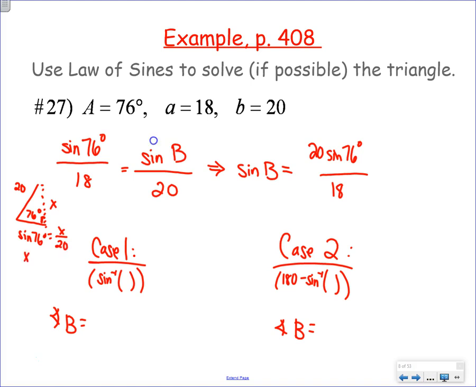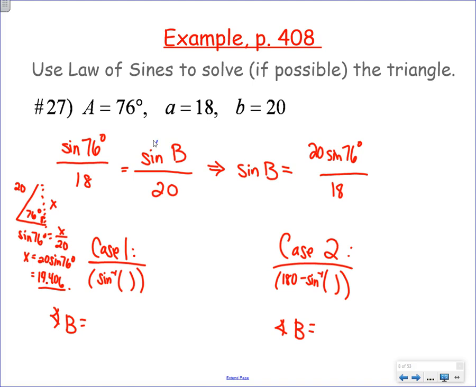If I solve for x, the shortest possible side opposite angle A, which would be side A, is 20 sine of 76, which ends up being 19.406. What's the problem with the A they gave you?